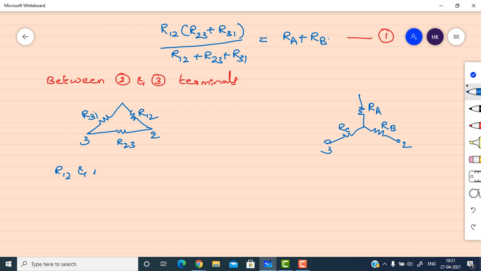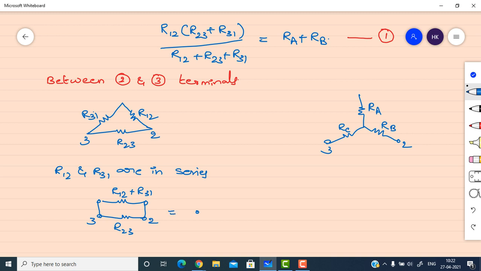R12 and R31 are in series. So series means we have to add the two resistors. Now it is R12 plus R31. This is R23 resistor. This is terminal 2 and this is 3.